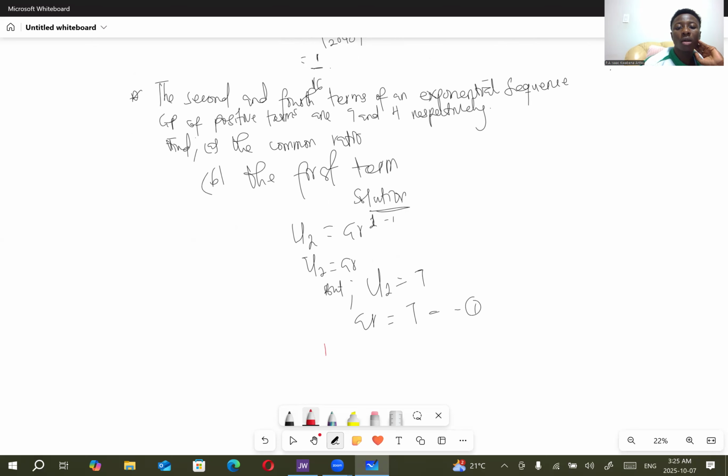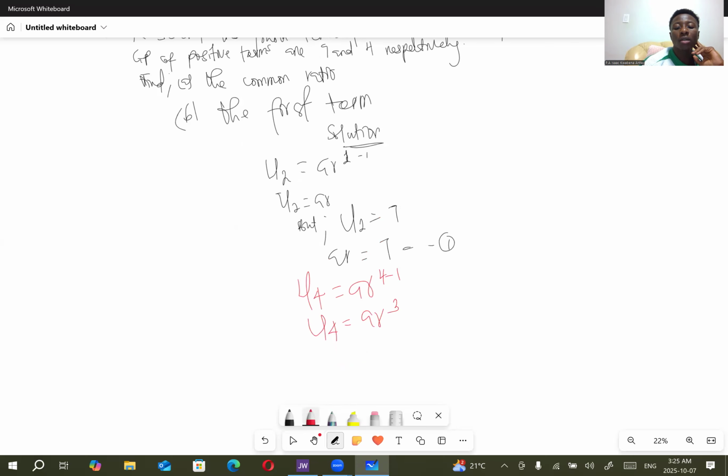Now the fourth term is denoted with u4, where the formula is ar exponent n minus 1. n is 4, so 4 minus 1. u4 will be equal to ar exponent 3.